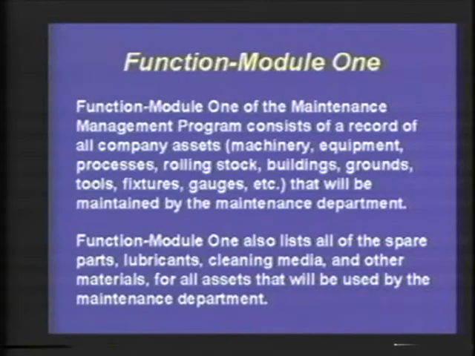The second paragraph addresses the spare parts required to maintain that asset, including such things as lubricant, cleaning materials, or any other item which will be used by the maintenance group to maintain the integrity of the asset.